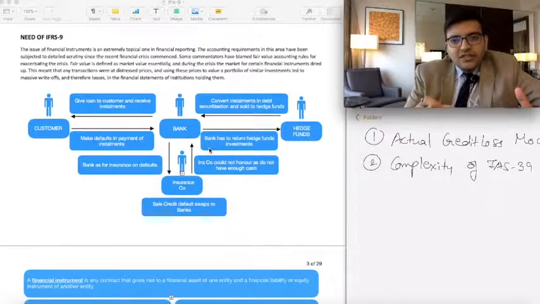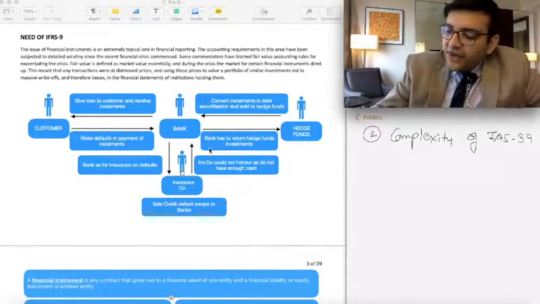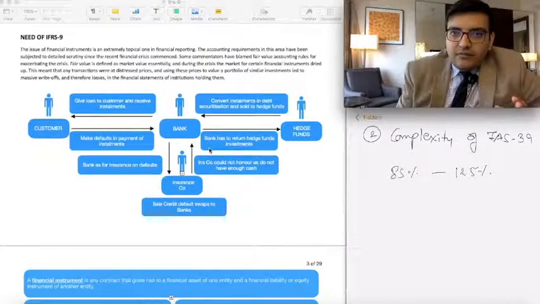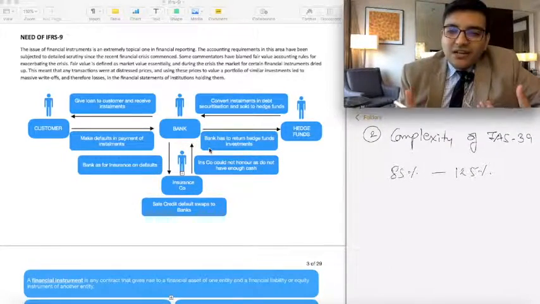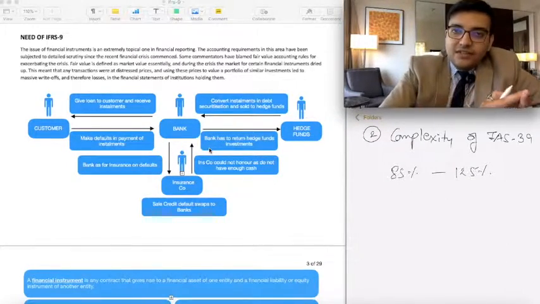So it was rule based, where it is written, suppose in case of hedging, that if there is 85% to 125% estimate, if your hedging estimation falls between these two variants, then only you'll account for hedging in some instances.